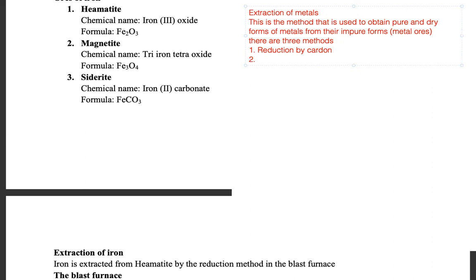The second one is called thermodecomposition. The third one is called electrolysis. So these are the three methods that we are going to look at that are commonly used in the extraction of pure forms of metals from their impure forms.